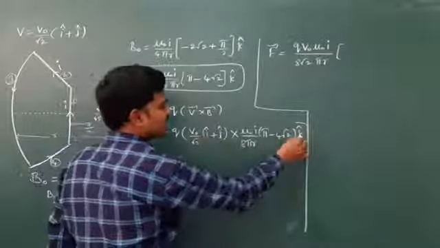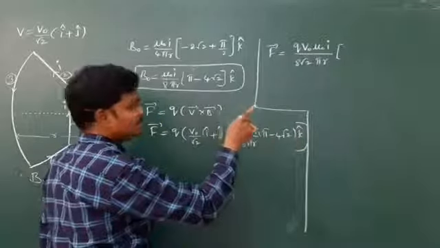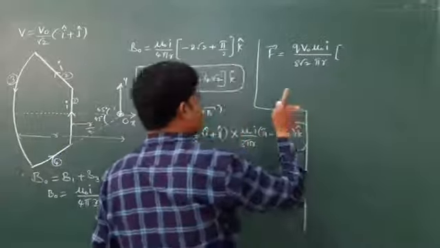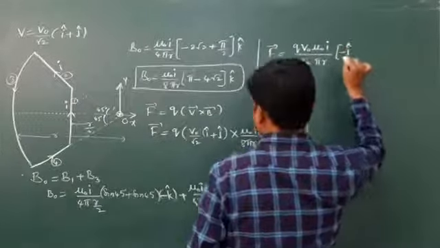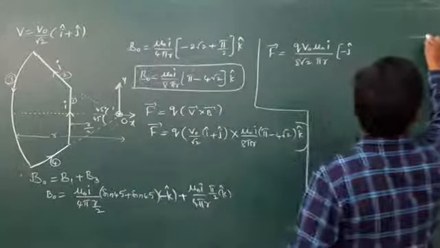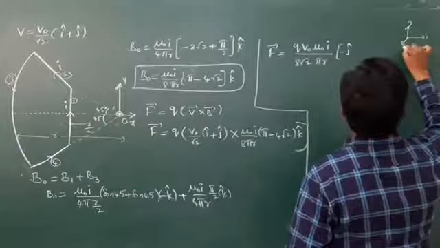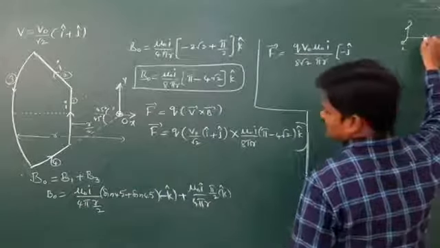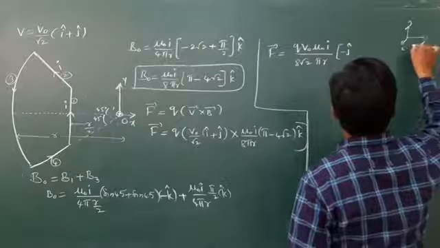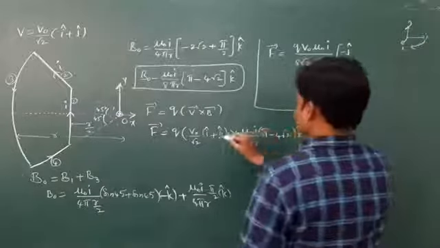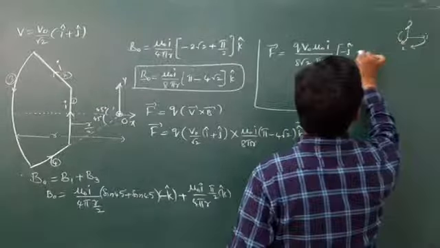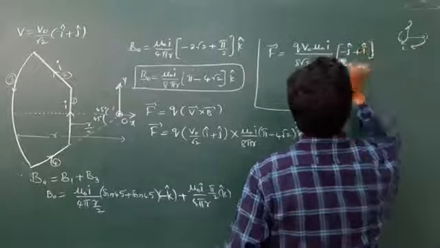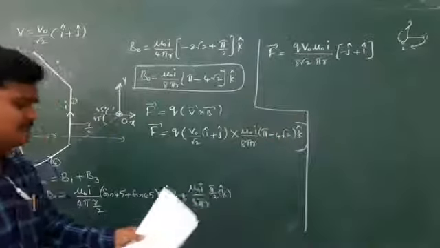I cross k is minus j, and j cross k is I. Okay, minus j plus I.